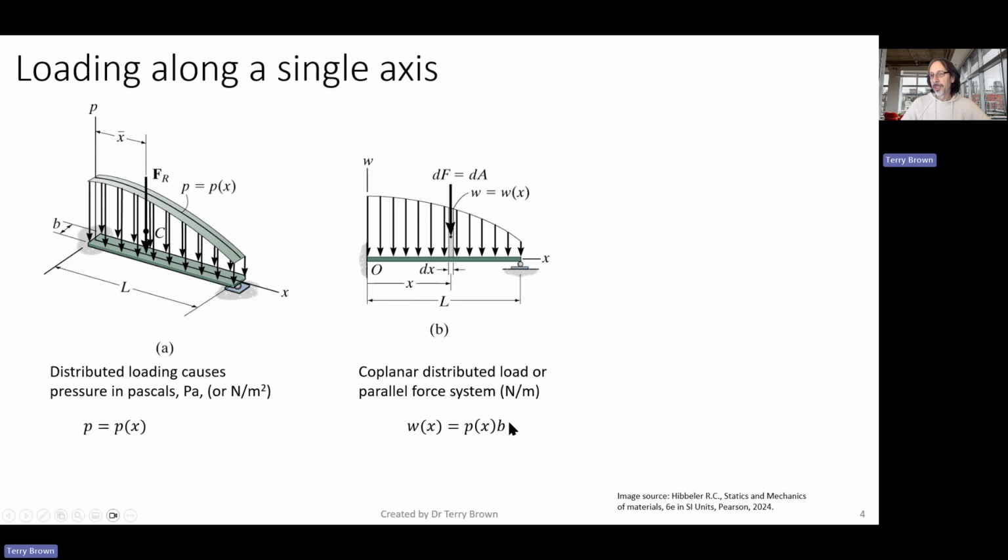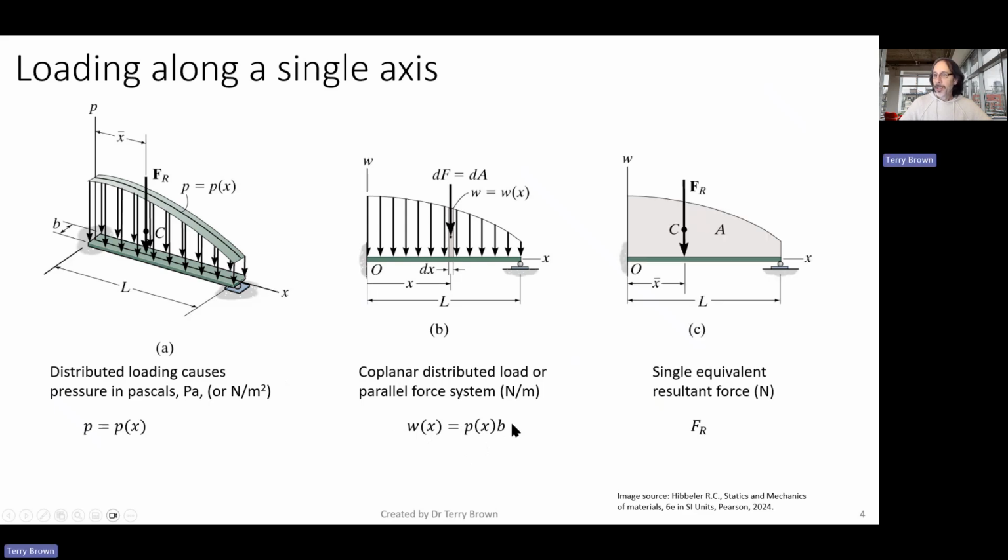If we have uniform pressure across the width, then to get the loading per unit length, we can just multiply the loading per unit area by the width. Eventually we'll see over the next few slides that we can replace this by just a single force, and we'll also need to know where that single equivalent force is located.